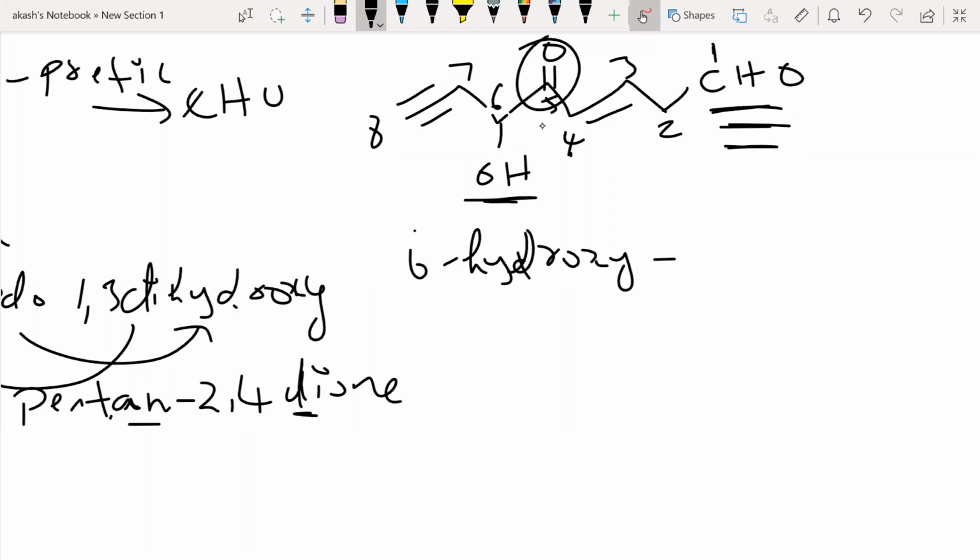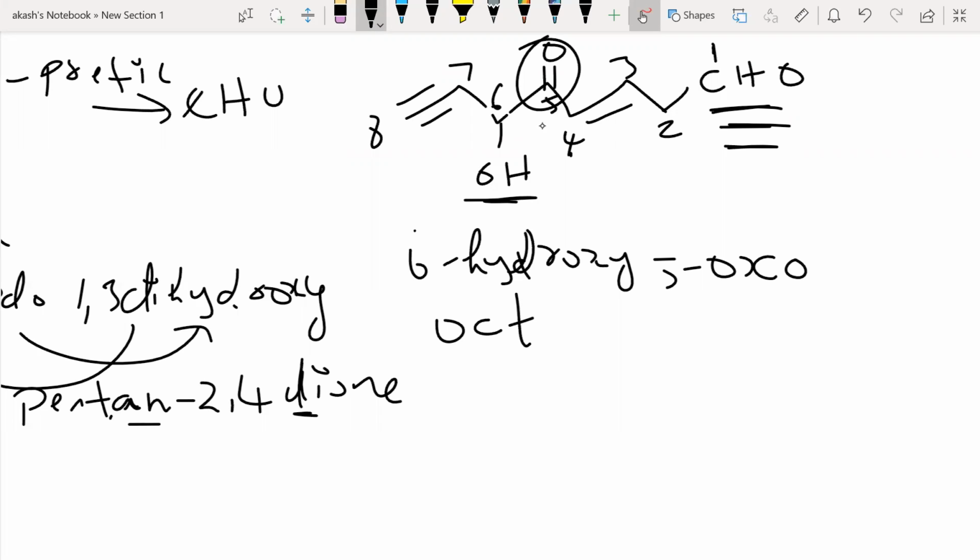So 6-hydroxy, 5-oxo. Then here comes your root word, oct, because there are 8 carbon atoms.